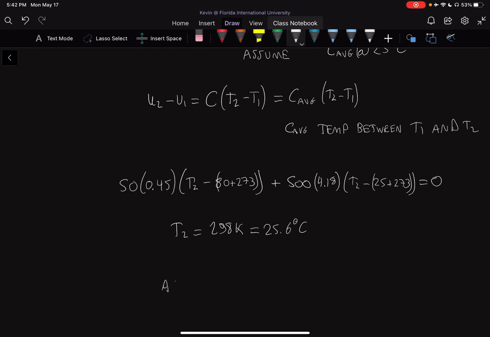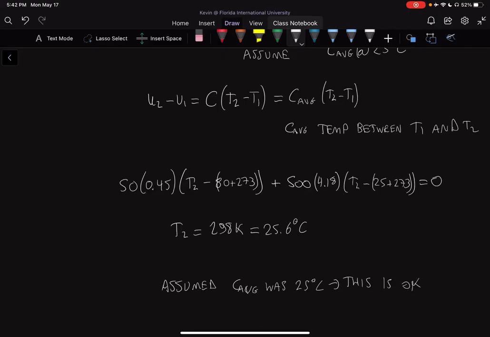We assumed that C average was at 25 degrees, and we were correct in that assumption. T1 is 25, T2 is 25.6, so we're very close to 25. It's our closest value, so we can say this is okay.